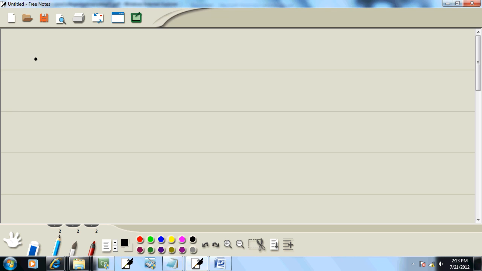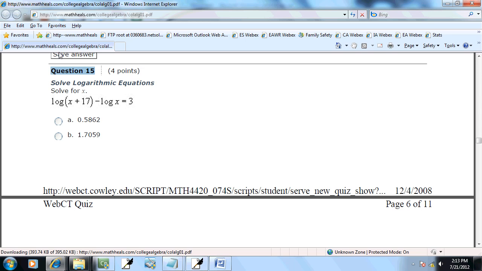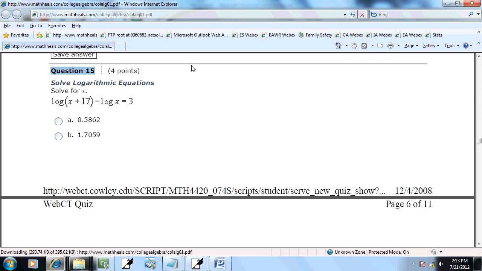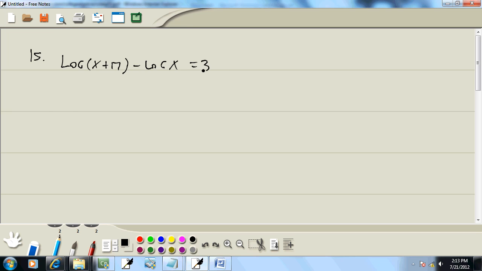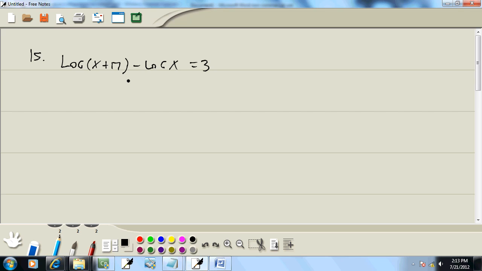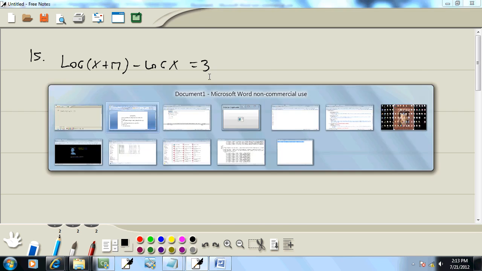15. We have log of x plus 17 minus log x equals 3. Step 1, get everything with a log on one side, numbers on the other side. Well, everything with the logs is on the left side, numbers on the right side, so that's done.